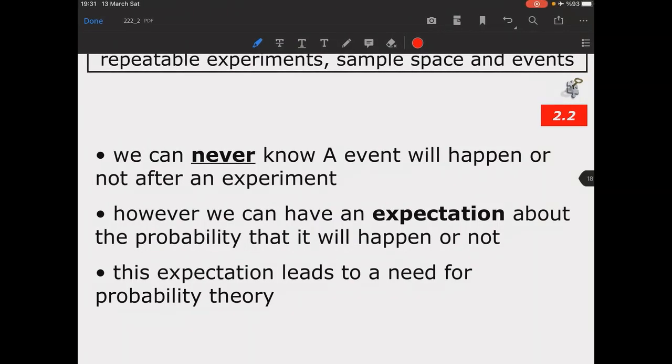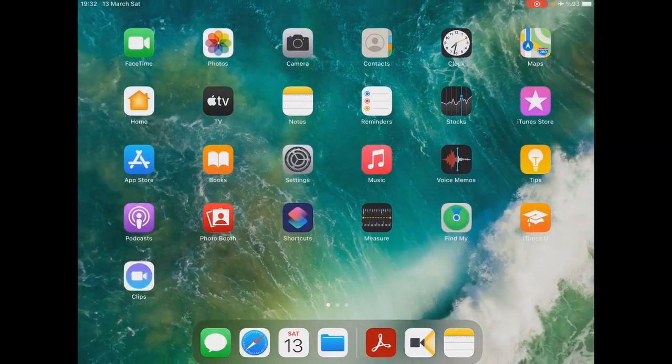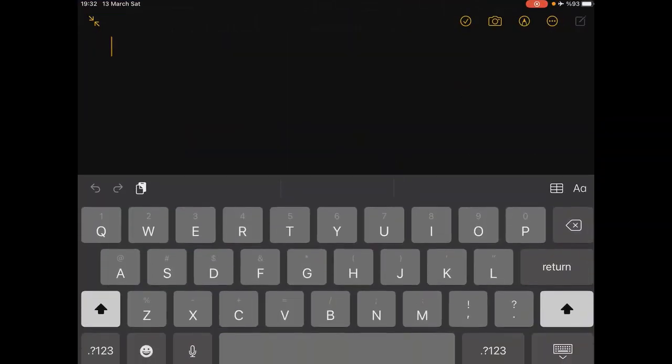Now, let's try to solve an example from our textbook together, okay? Let's solve example 2.2 from our textbook together. What is being asked of us in this example?